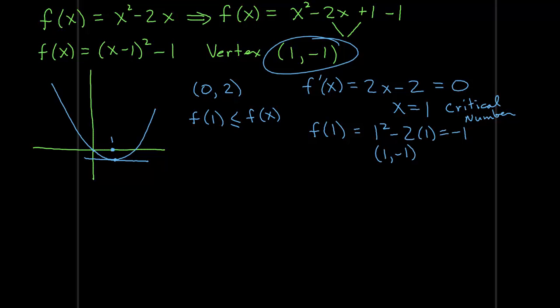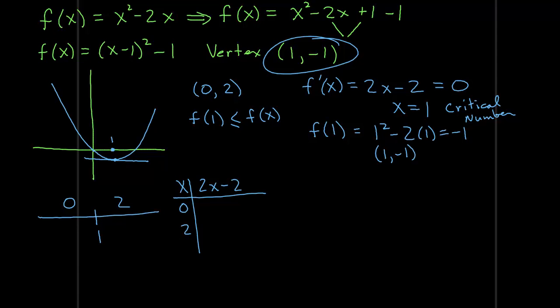Now, we also, while we were studying this, talked about ways to identify whether or not we have a high point or a low point. And we used what's called the first derivative test. So for example, I've got 1 as my critical number. I can pick a number to the left and right, maybe 0 and 2, and I'll just test the function. I'll plug these numbers into my derivative. So I've got 2x minus 2.